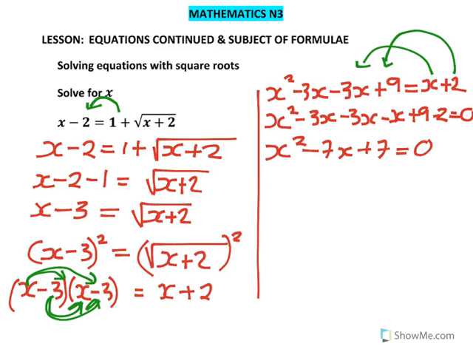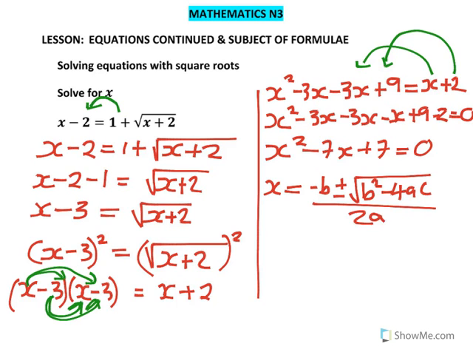In this case, you don't have that number, so you can quickly go through the quadratic formula, which says x is equal to minus b, plus or minus square root of b squared minus 4ac, all over 2a. Now what is your a? It's 1. Your b is minus 7 and your c is equal to 7.